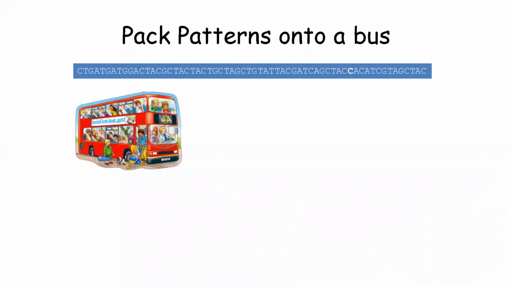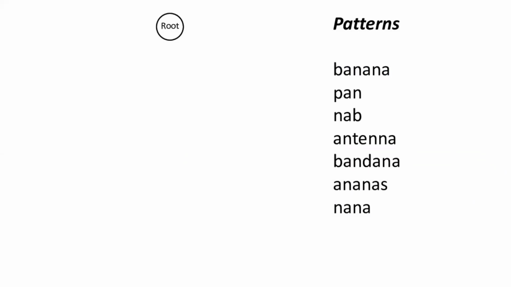As we drive the bus along the genome, we want to be able to discover for all short reads at the same time whether they start at that position of the genome. I can create a tree structure that combines all the patterns into a single data structure that I can then simultaneously search in the genome.